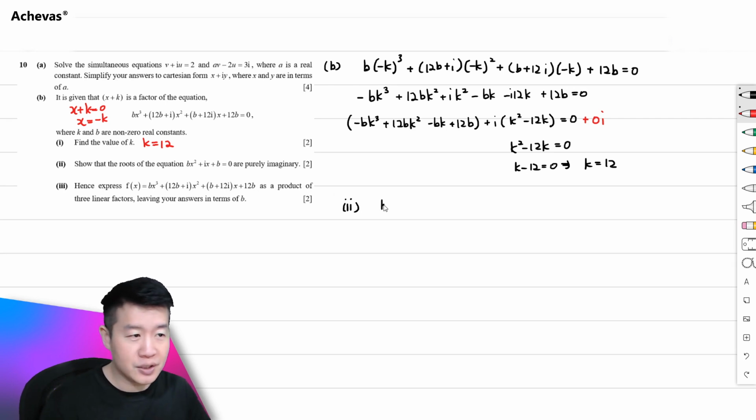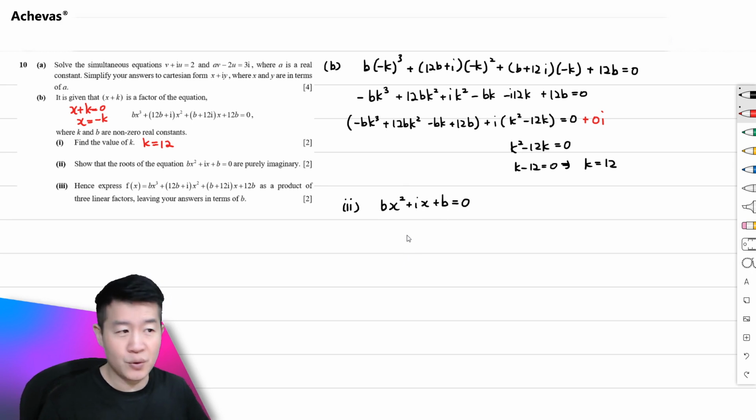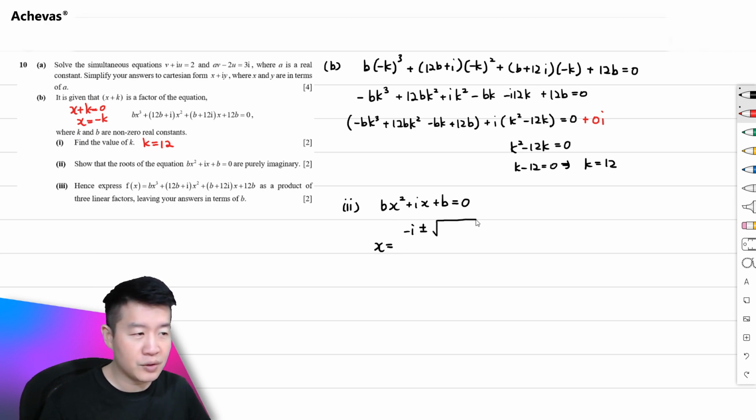So we have this equation, bx squared plus ix plus b is equal to 0. I'm going to apply the quadratic formula. So this is minus i plus or minus the square root of i squared minus 4ac, divided by 2a. Please take note, b is a real constant.